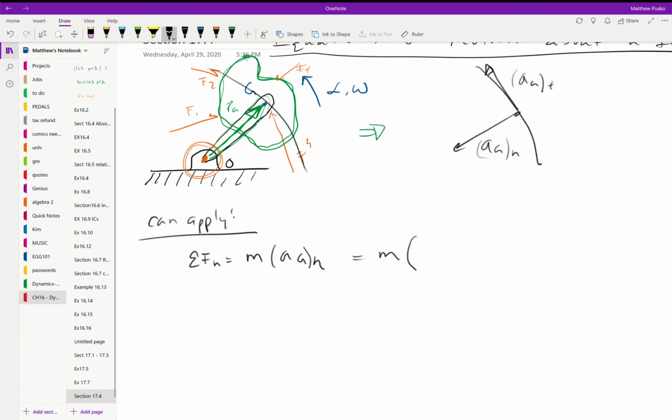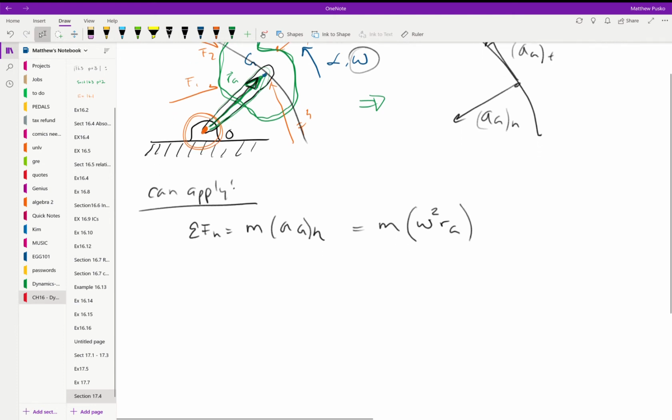What can we write the acceleration of g as, though? We've learned recently, if we know it's a fixed radius and we're given some omega, then we can just do omega squared r, and that's the distance r to g.